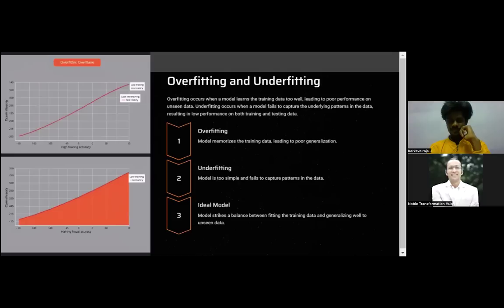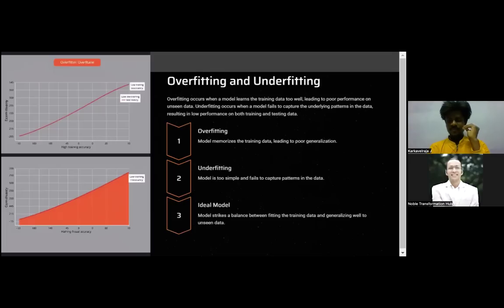In a simple manner, you need to remember this: it fails to capture patterns in the data, on training and test. And the ideal model is one that strikes a balance between fitting the training data and generalizing well to unseen data. That is the ideal model.